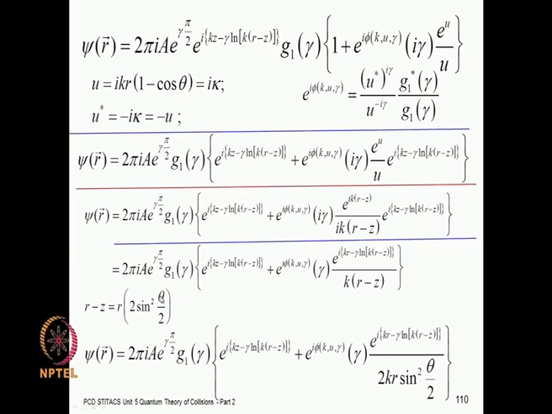Okay. So, we will use that, put this r minus z in terms of this factor here, because that enables us to write it in a form which we are going to find in Sakurai's book. So, here you have that.